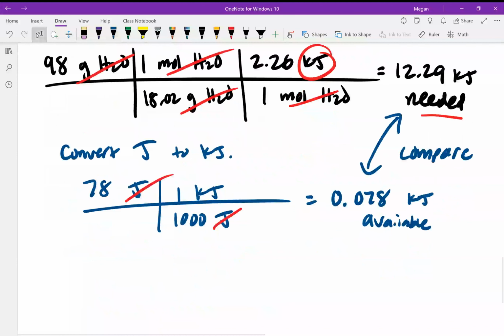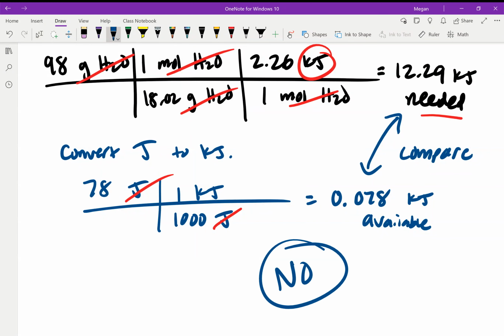This is why writing units in your work is so important, because if before you didn't see that these were different units, you wouldn't be making a valid comparison. But now I can compare. 12.29 kilojoules are needed. We only put in 0.078 kilojoules. Is that enough energy to melt all this ice? The final answer is no. That is not enough energy. Not all of the ice will melt.